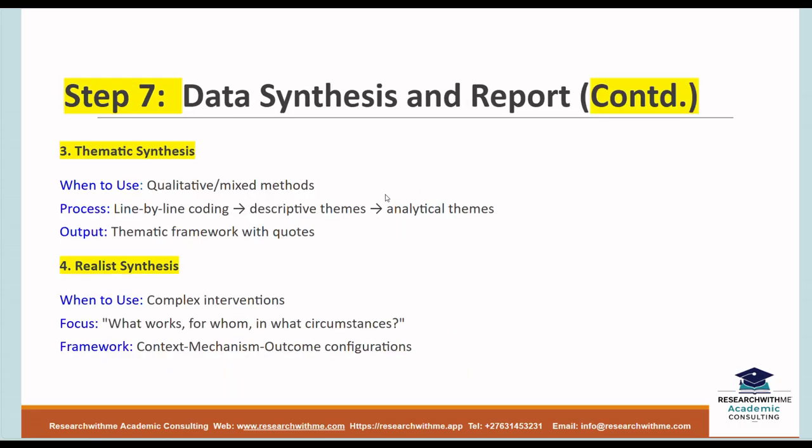Now, in thematic synthesis, you can use it for qualitative and mixed method studies, or if you are combining both quantitative and qualitative, you can also use it for different types of research approach. And what you are doing is you are drawing your data from those studies, but now you have built a theme from the commonalities that each of those studies have.